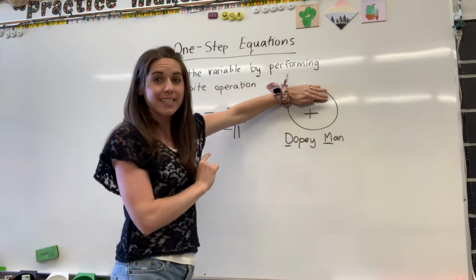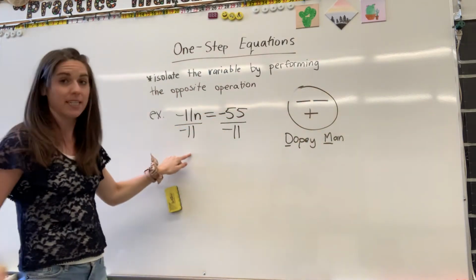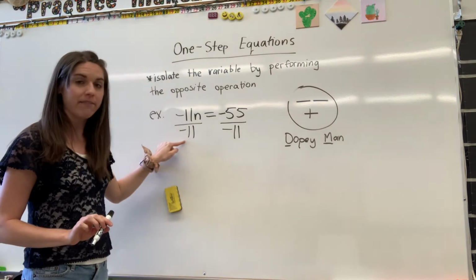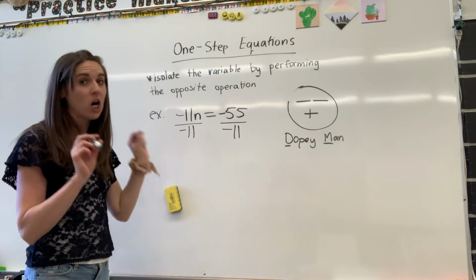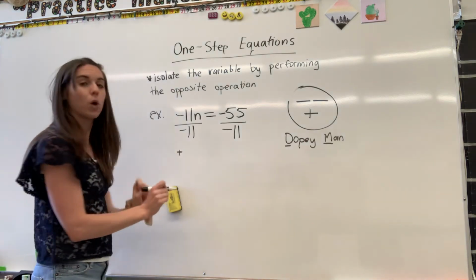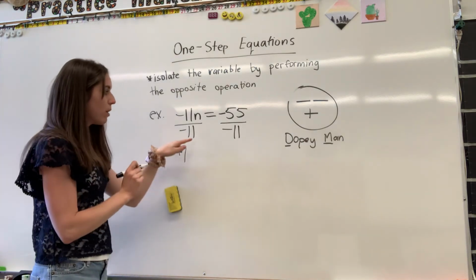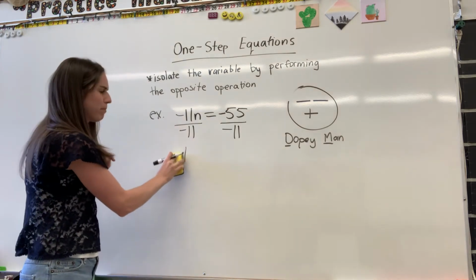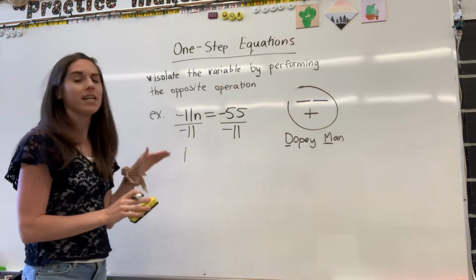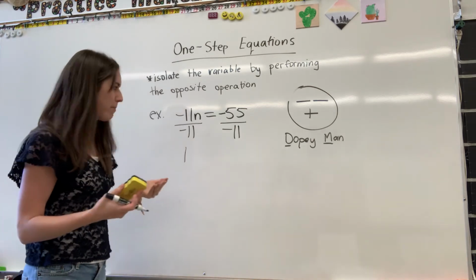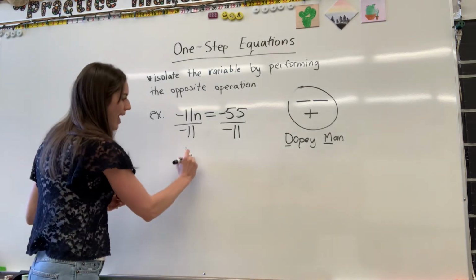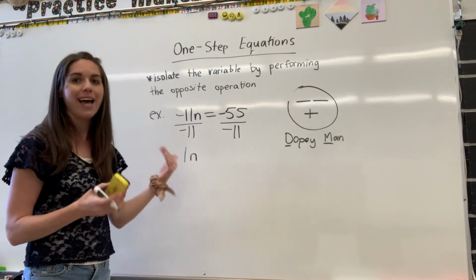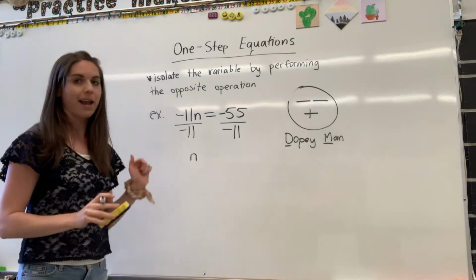That means my answer is going to be a positive number. So negative 11 divided by negative 11 is a positive 1, right? 11 goes into 11 once. So we never write positive signs because when you see a number, it's a positive number. So 1n is what you're left with. And remember, 1n is the same as just n. So I am going to just write n.